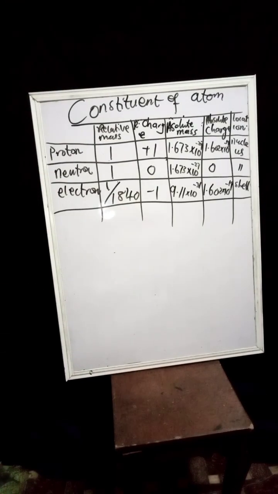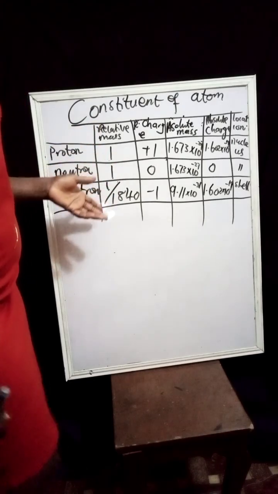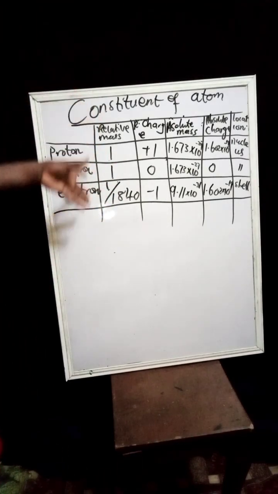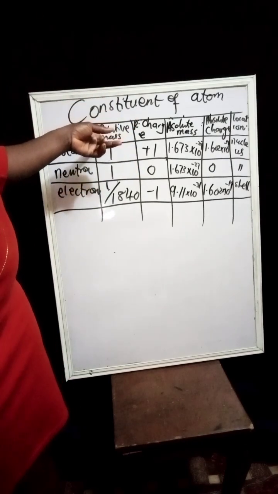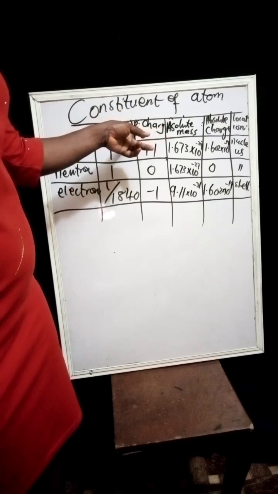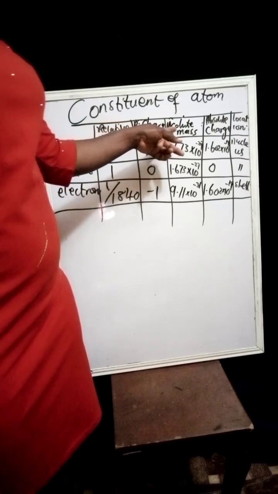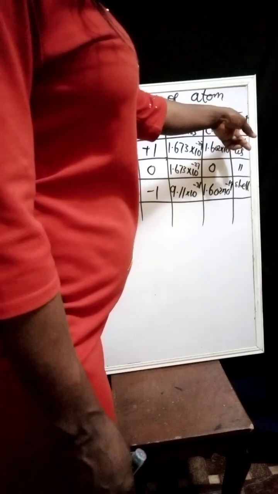Okay, this is just the summary of what we have discussed so far. We considered the three particles in accordance with their relative mass, relative charge, absolute mass, absolute charge, and the location.